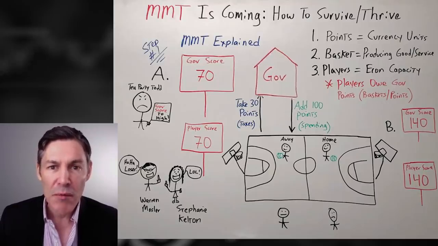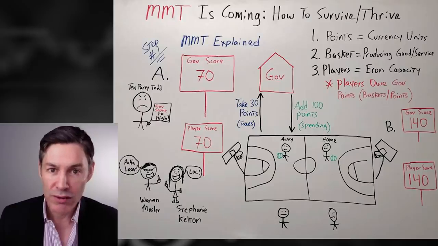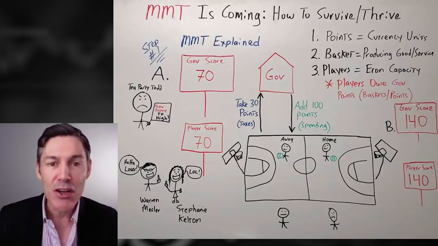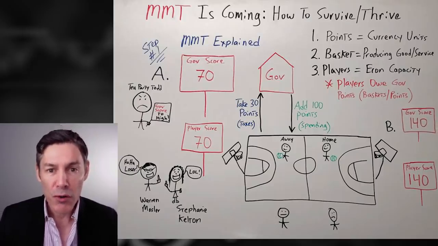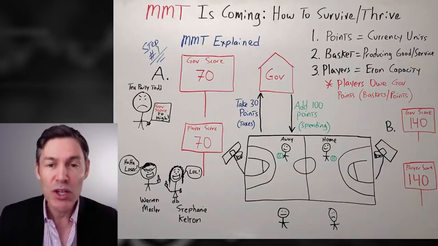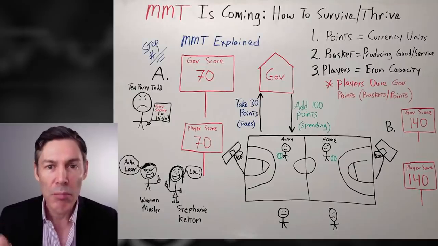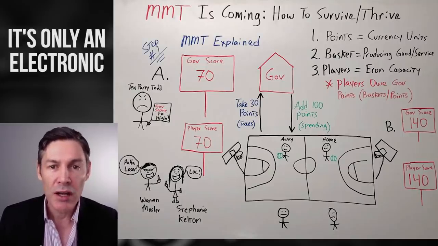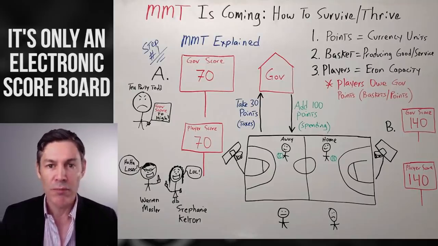So if the government score, in other words their debt and deficits, has to increase in order for the player's score to increase, well, then that's a good thing. We shouldn't be concerned with it at all because nothing constrains the government from creating more points. It's only an electronic scoreboard.